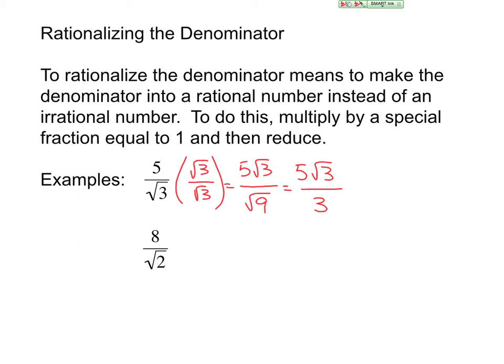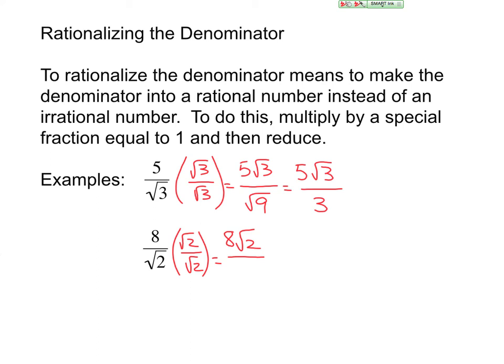Okay, let's try the second one. 8 over the square root of 2. What are you going to multiply that one by to rationalize the denominator? Square root of 2, top and bottom. Simplify a little more, Tina. So multiply by the square root of 2, top and bottom. I hope you're doing these on your notes. 8 times the square root of 2 over the square root of 4.